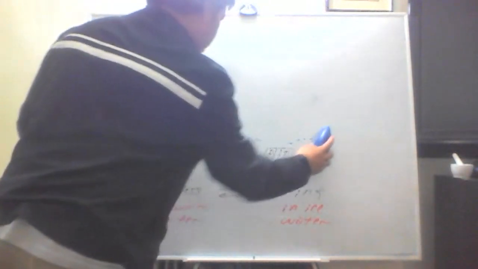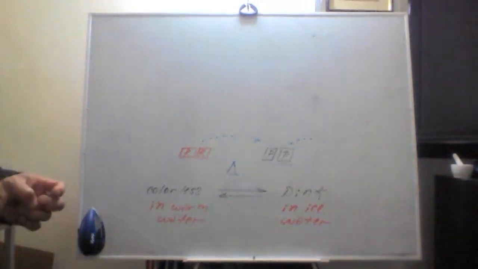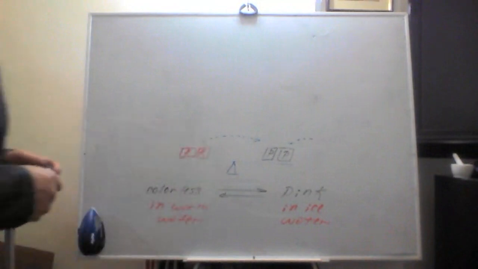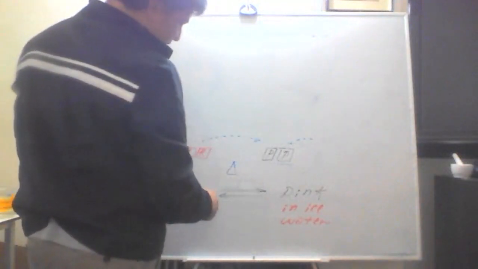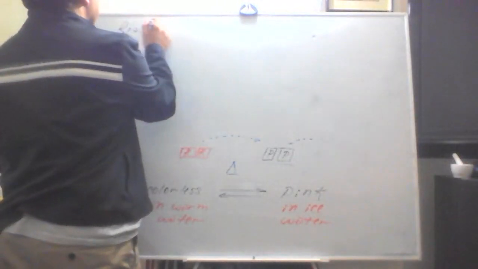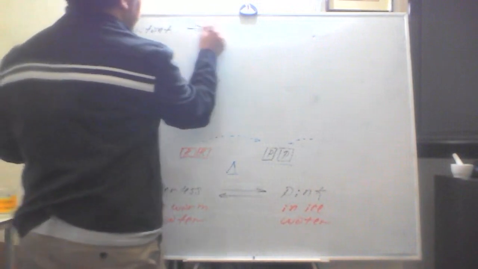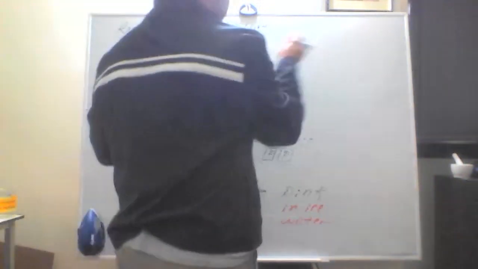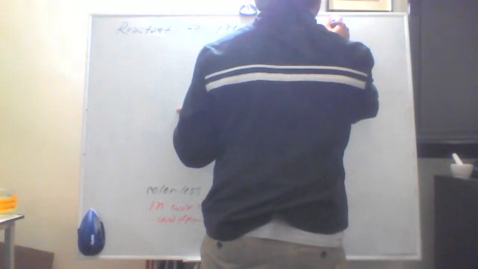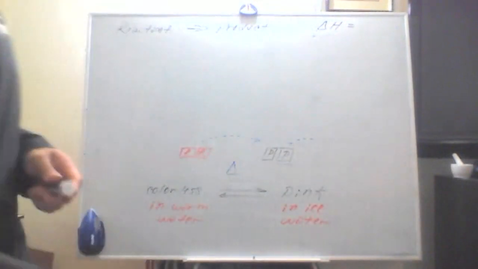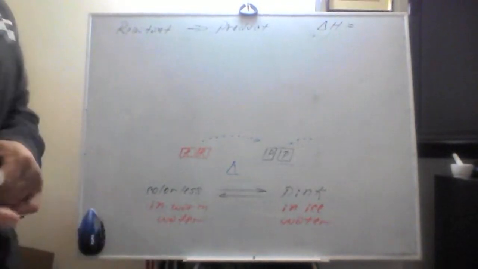So let's leave that. We have two ways of writing a reaction that is sensitive to energy addition or subtraction. What we have is reactants go to product. And then the reaction has an enthalpy change, and the enthalpy change will be the difference between two energy quantities.